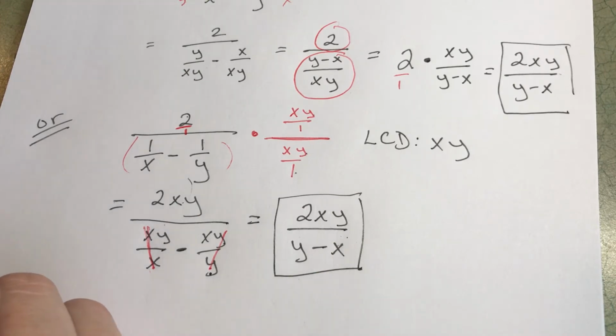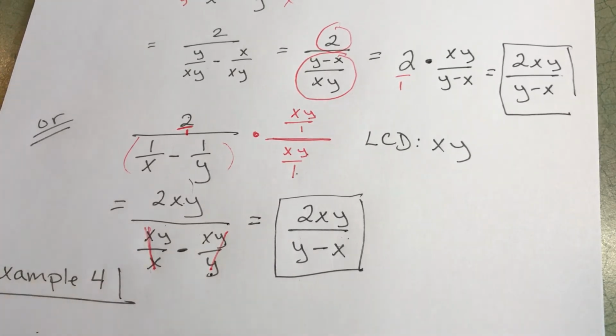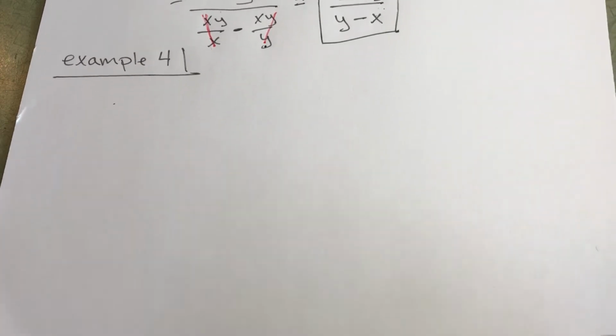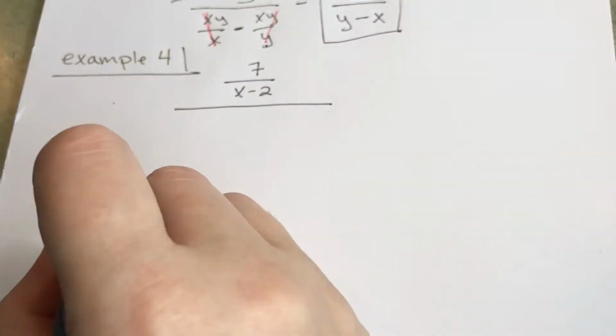Okay, last example. This is the same skill, so I'm just going to do this in the same video. 7 divided by x minus 2. There's the numerator.